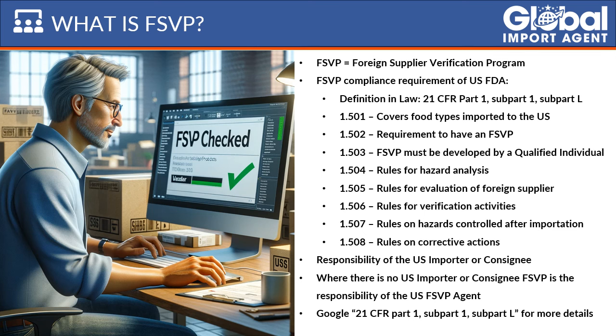Where there is no US-based importer or consignee, i.e. where the foreign supplier or owner of the food product is outside the US, then a US-based FSVP agent must be in place to implement FSVP by law. For more information on FSVP, please search on Google for 21 CFR Part 1, Subpart L.